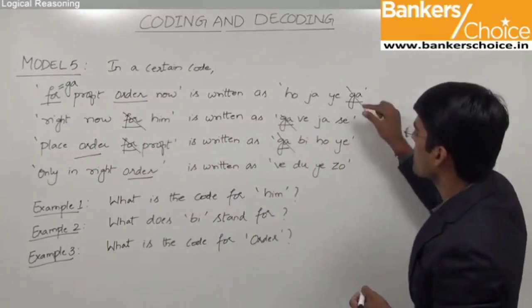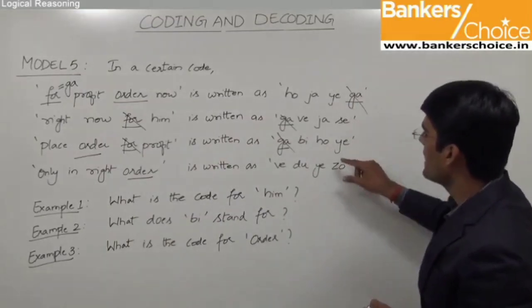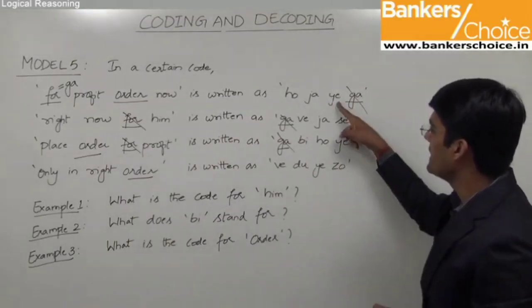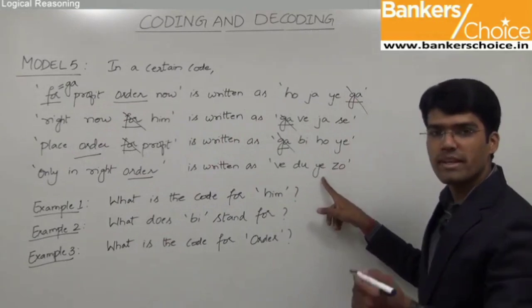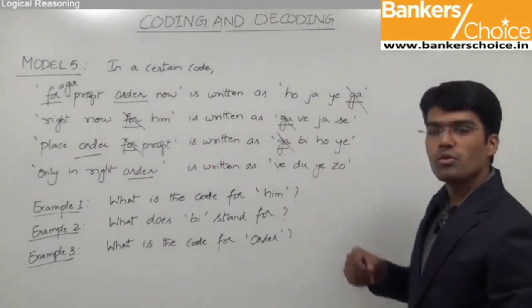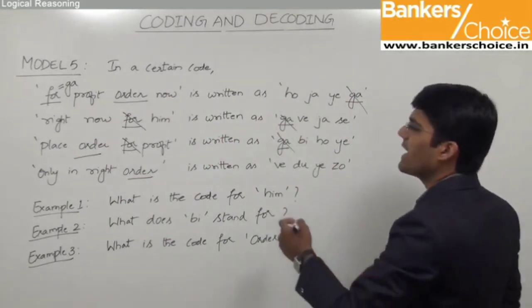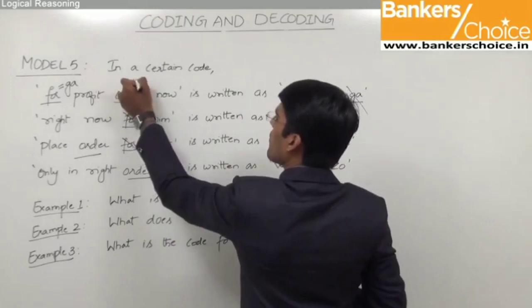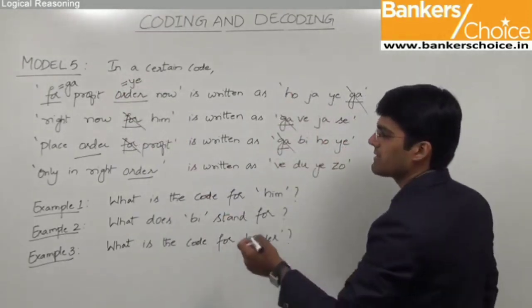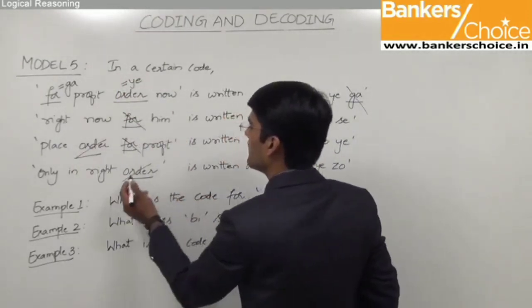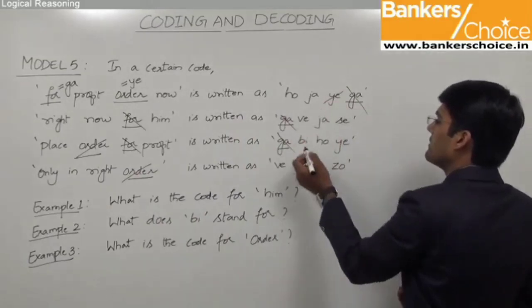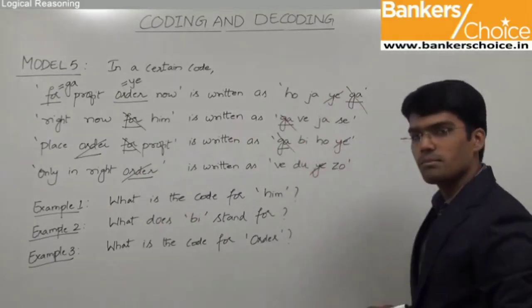Now the one thing which is common in statement 1, 3 and 4 here is ye. So very clearly it is the code for order. So we can say that order is equal to ye. And let us now cancel the word order and its code to make the solution simple.